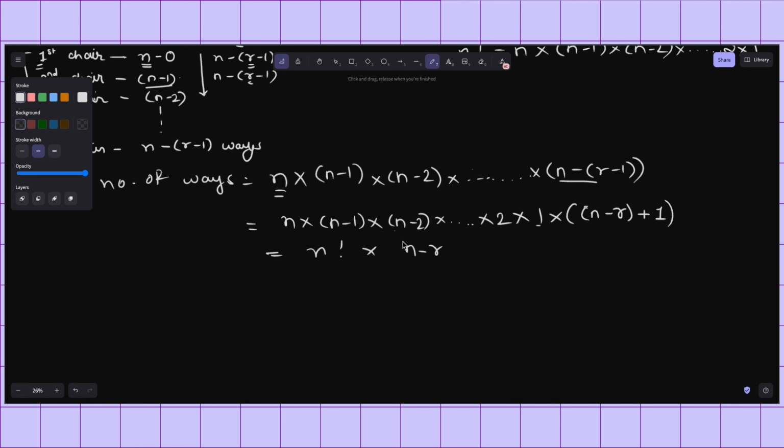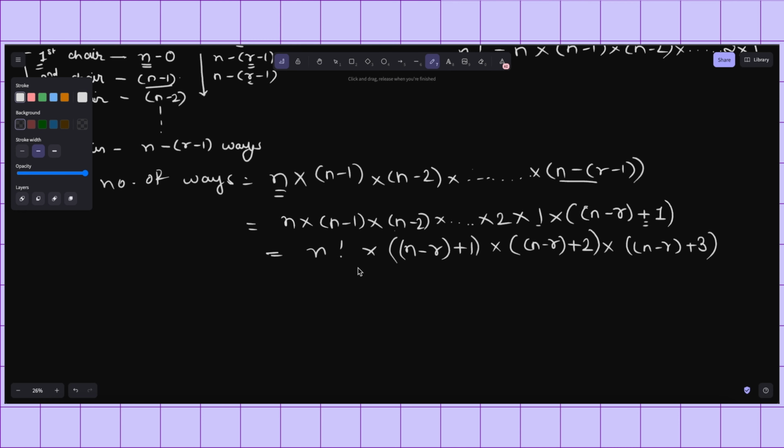So this is n factorial, and n minus r plus 1, then n minus r plus 2, then n minus r plus 3. I have written in reverse order: this is plus 1, previously it will be n minus r, then n minus r minus 1. I have written in plus order.